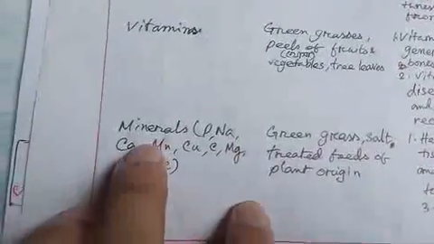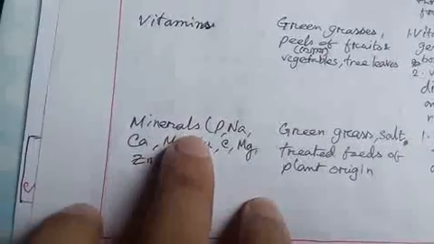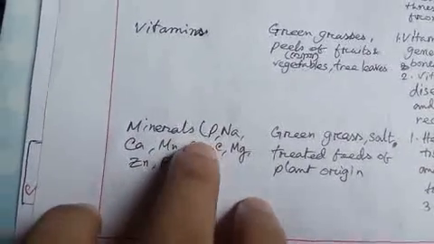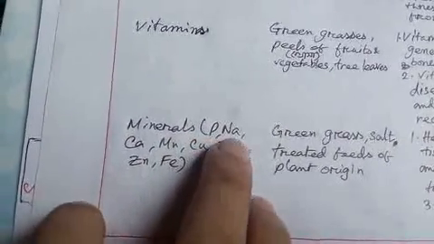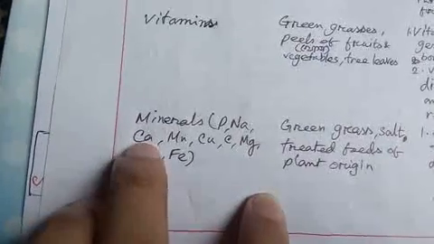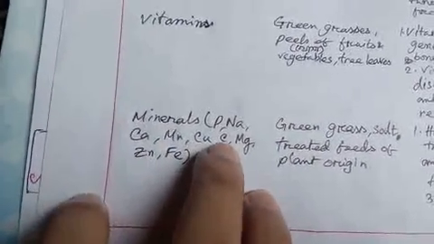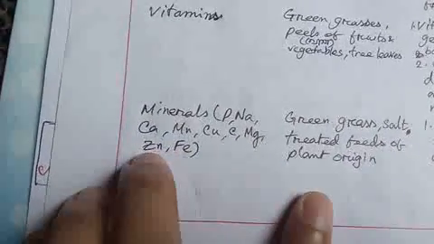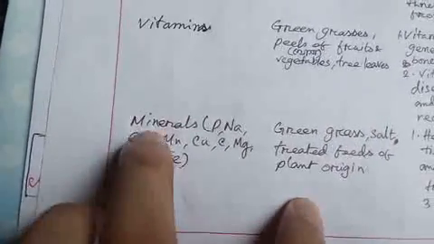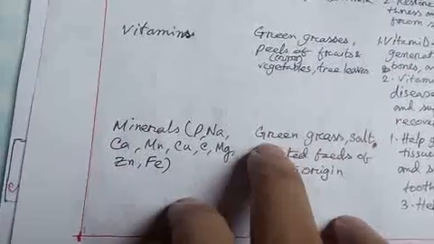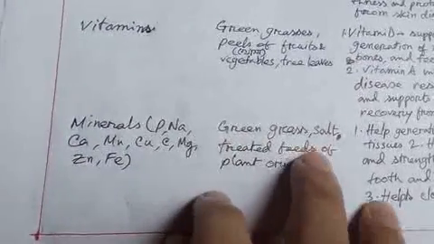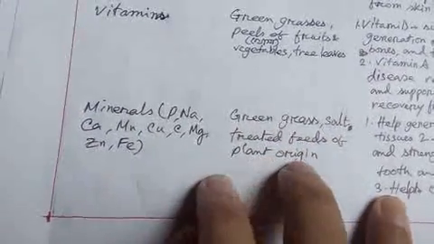And let's talk about minerals. There are a lot of minerals: phosphorus, sodium, calcium, manganese, copper, carbon, magnesium, and zinc, iron. These all are minerals. So what are the sources? Green grass, salt treated feeds of plant origin.